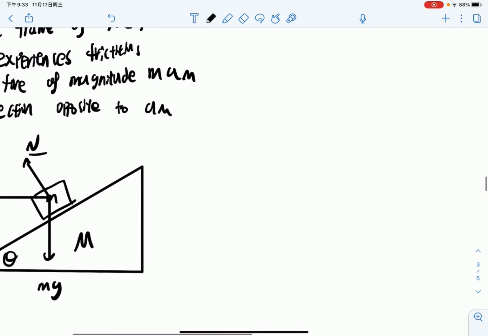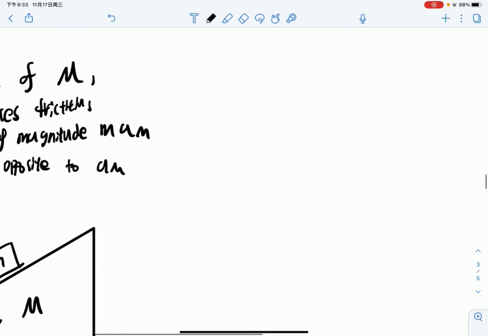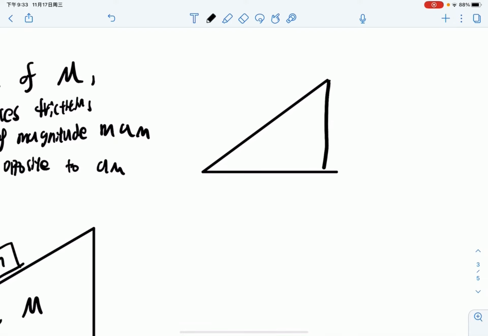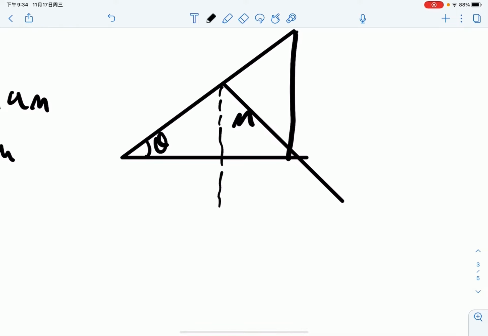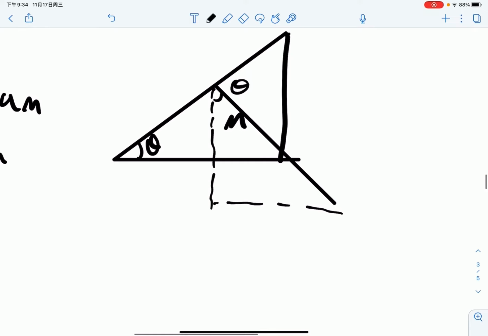And we know that the normal force, just let me draw it, is the only force that is causing big M to accelerate. So if we draw it, and we know this is theta. So this one is theta, and this is n.